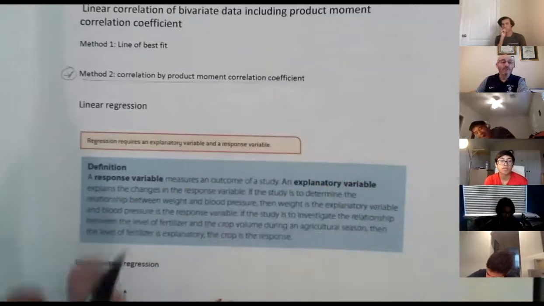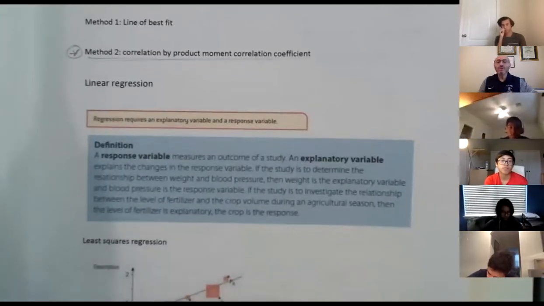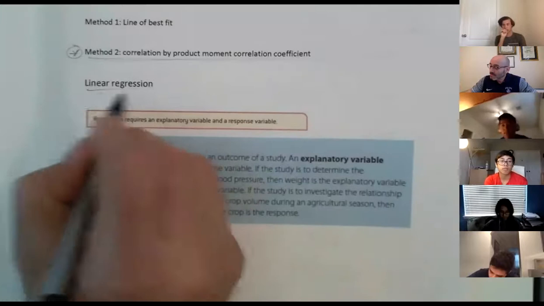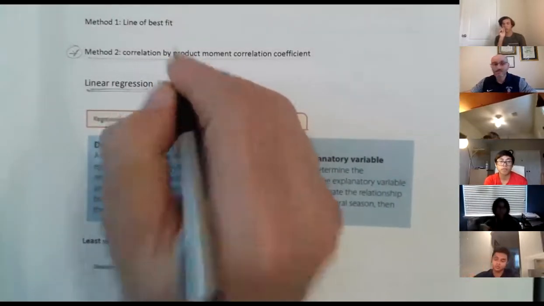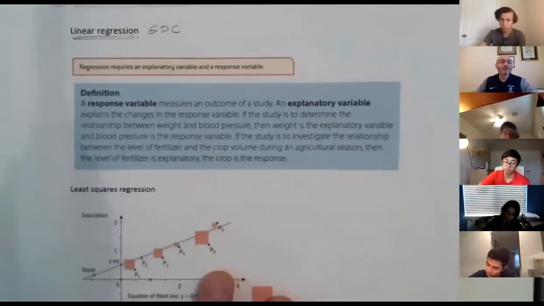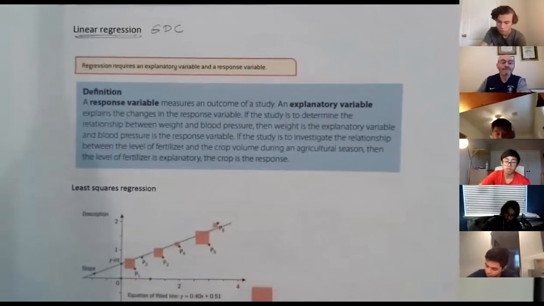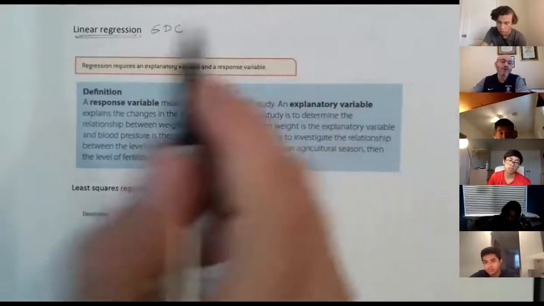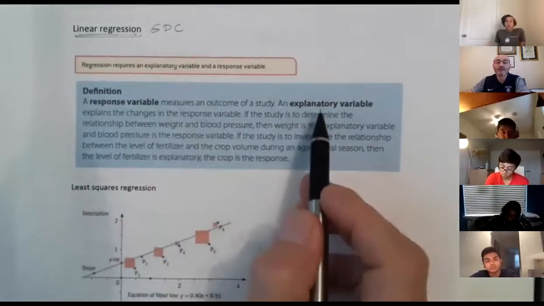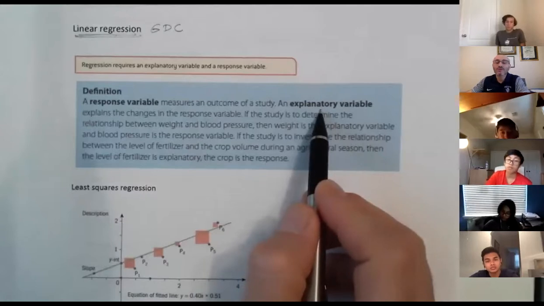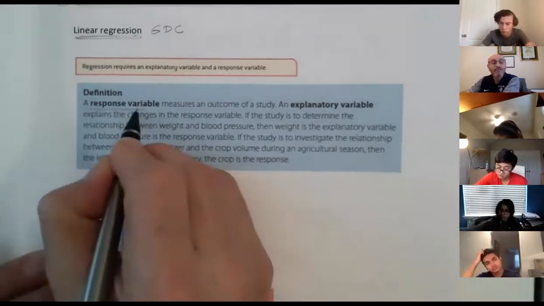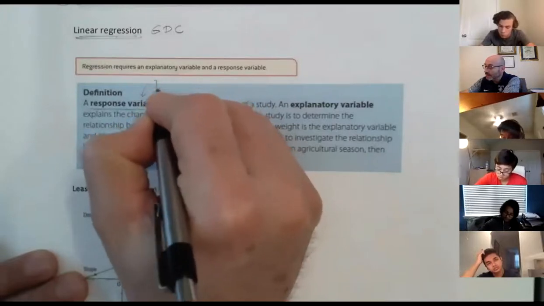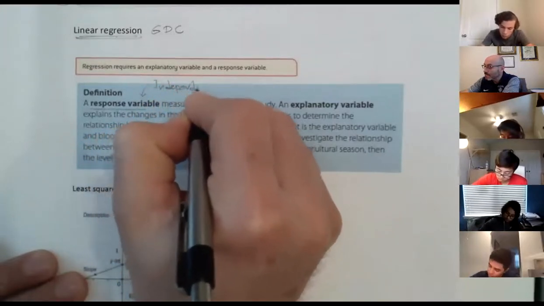When we do a linear regression, and mostly we're going to use a GDC for that, we want to have what your book calls the response variable and explanatory variable. Those are fancy names for dependent and independent variable. The response variable is the dependent, I'm sorry, I said that incorrectly.